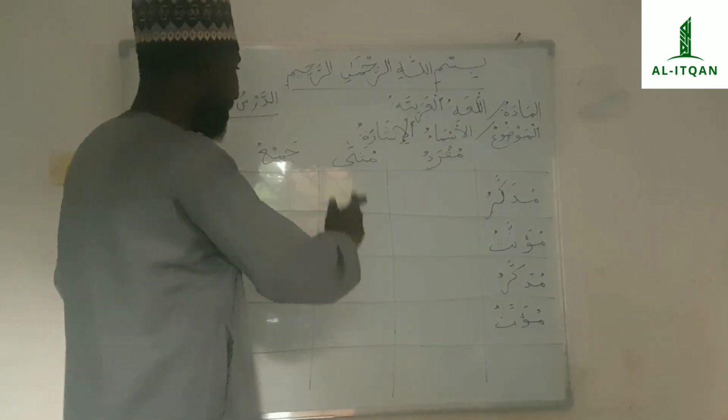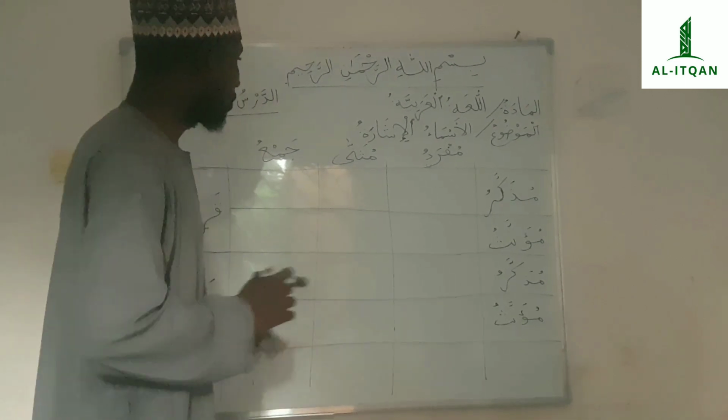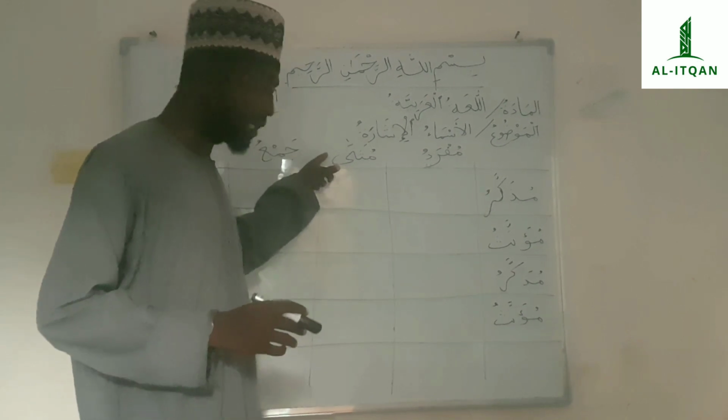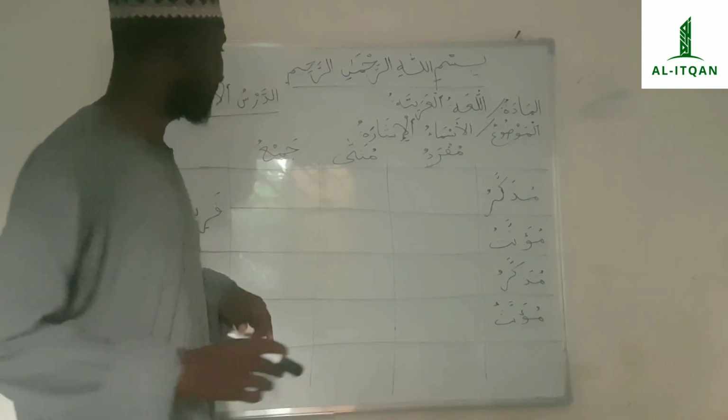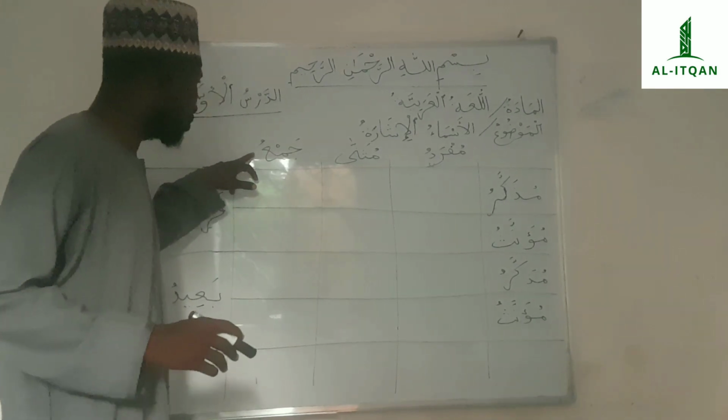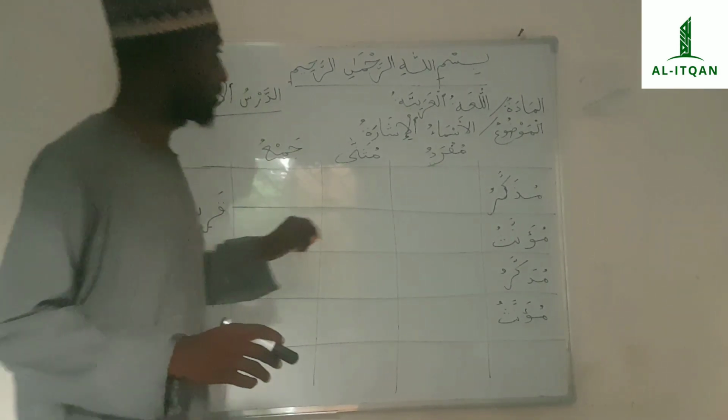Please, let's understand this chart very well. We have mufrad, singular. Muthanna, dual. Dual, that is two. Jam'u, plural.